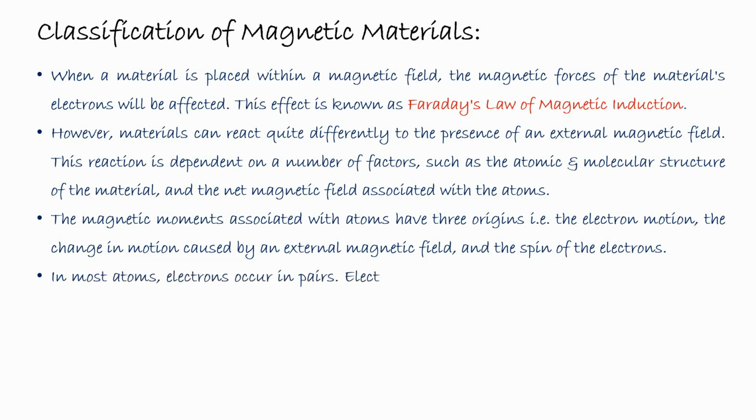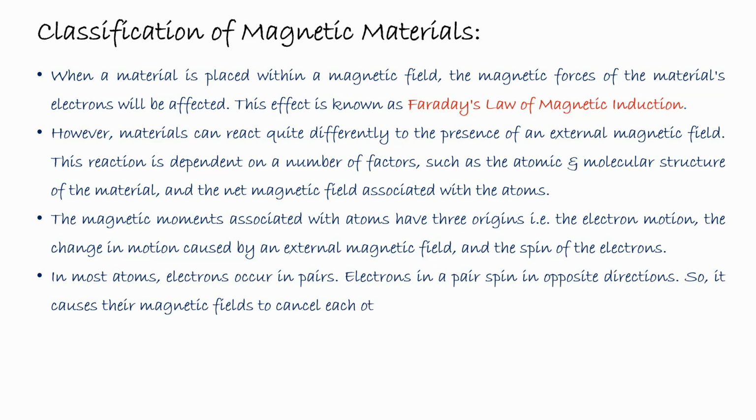In most atoms, electrons basically occur in pairs. Electrons in a pair spin in opposite directions to each other, so it causes their magnetic fields to cancel each other. Therefore, no net magnetic field exists.